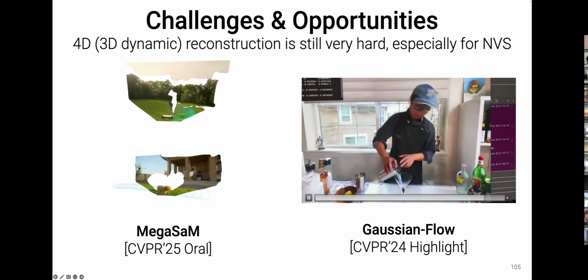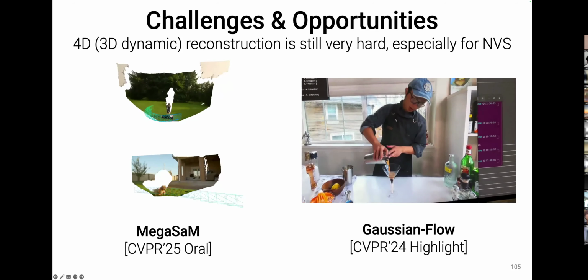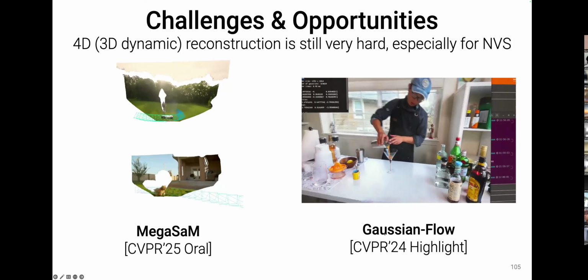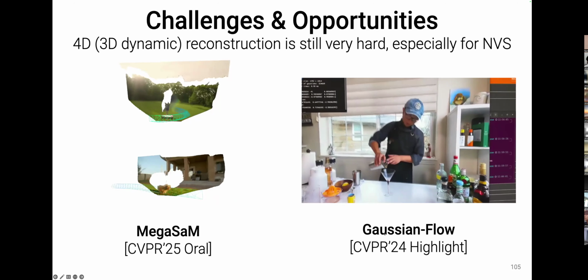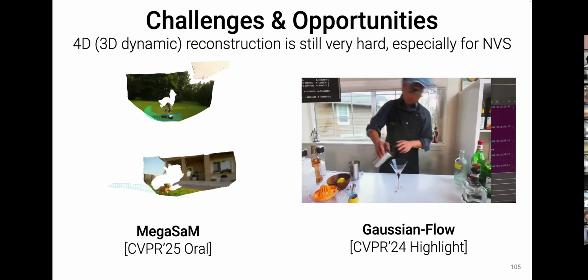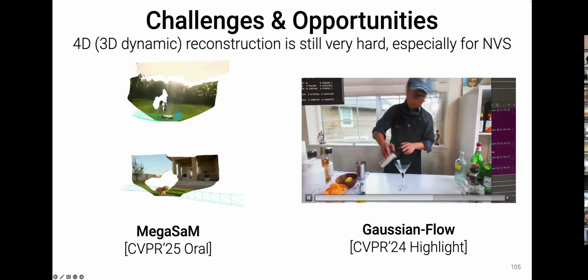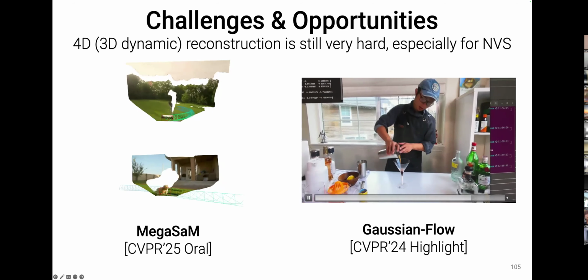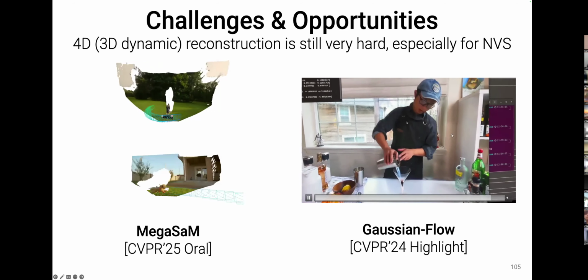Gaussian Flow is one of the works that try to do this, something called 4D reconstruction, but that's still a state of the art method. But look at how small the camera can move, and look at the face, how blurry the face is, and how different parts of the scene have already changed.